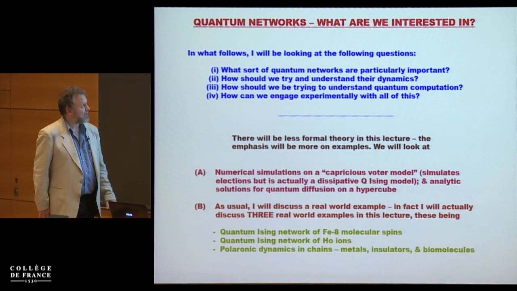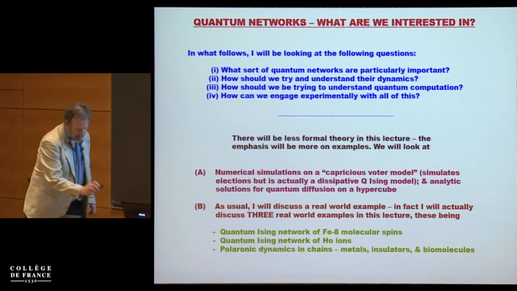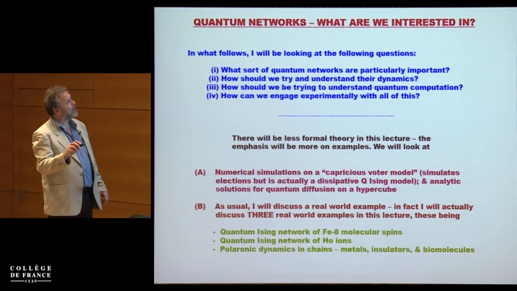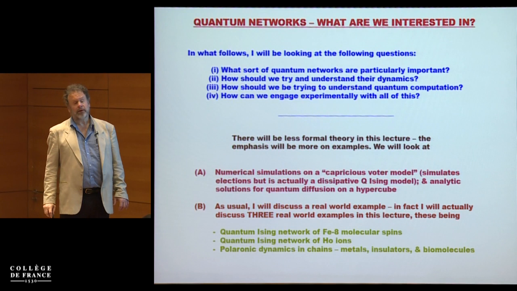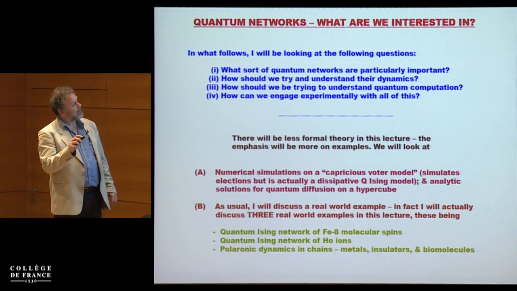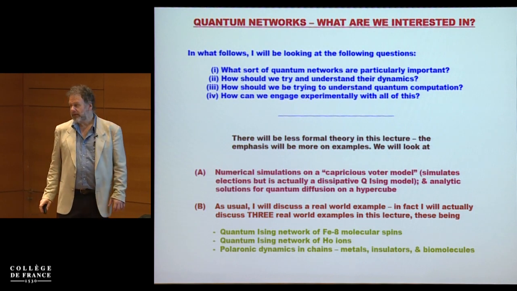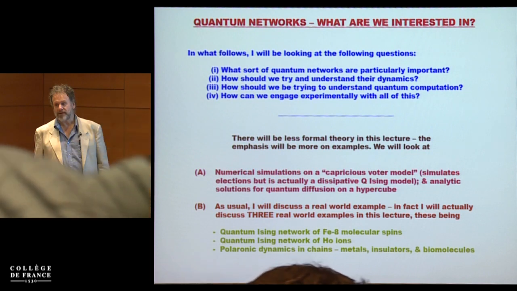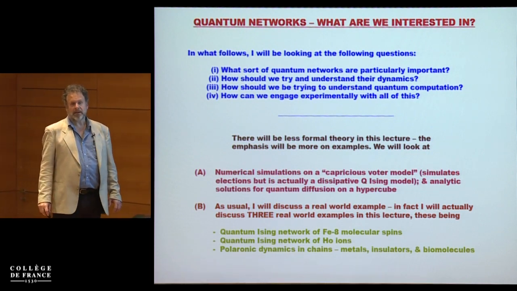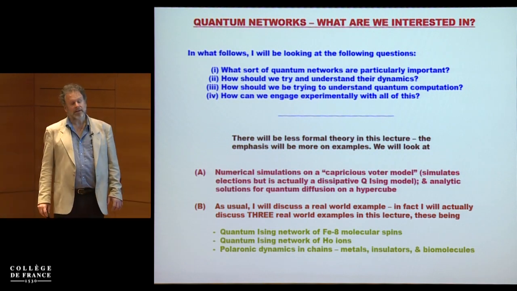So I'm going to discuss the following questions. This certainly does work. First of all, I'm going to come back again to the question of which networks are important. And the main question that we're interested in is not things like their thermodynamics, statistical mechanics, which is the thing that condensed matter physicists are interested in. We're interested in their dynamics, which is in fact a much more complicated question usually.